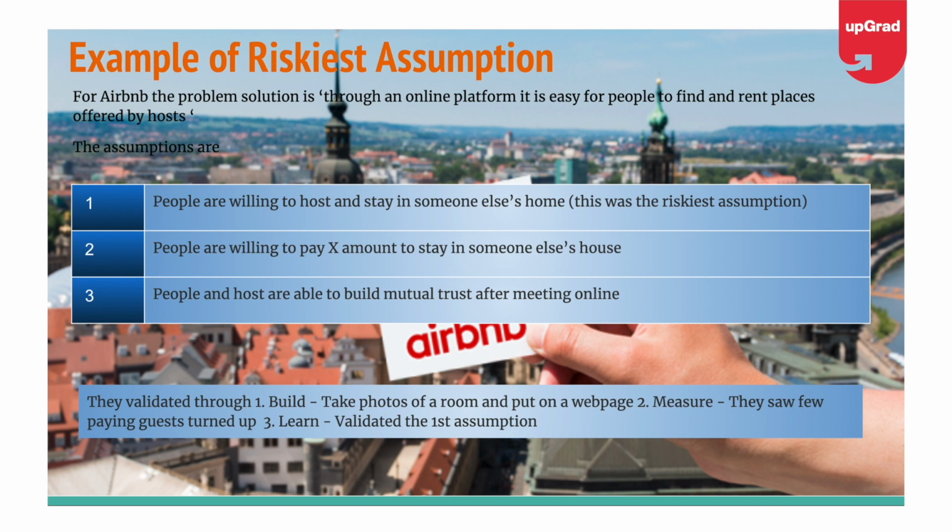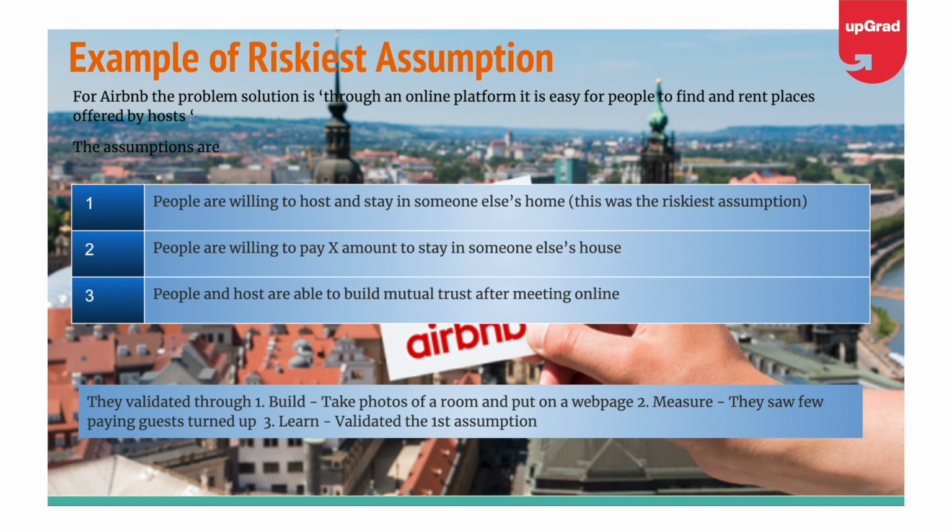Now, there were three assumptions that were initially considered when they decided that Airbnb is something that they want to build. Now, which is the riskiest assumption, which if it fails will essentially put their entire business at risk? If you look at the second and the third, there are ways to solve for it. For example, let us say they realize that mutual trust is something that is needed for them to stay, and it's a little difficult to build it just by meeting online.